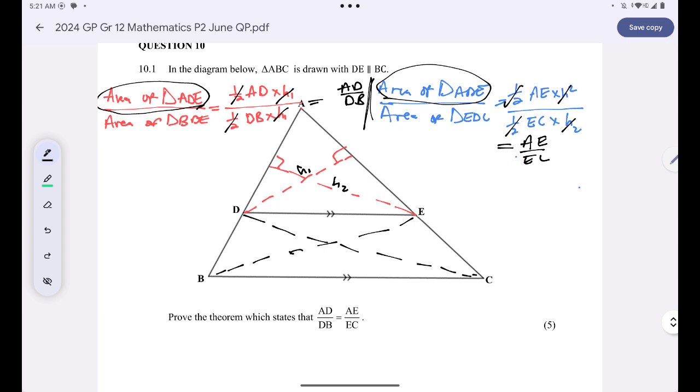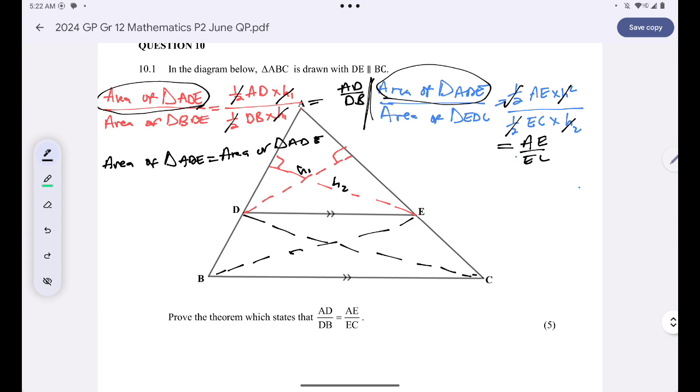So these are areas of the same triangle, but they are calculated differently. This thing simply means, let me write in black, the area of triangle ADE is equal to the area of triangle ADE. Are you together?